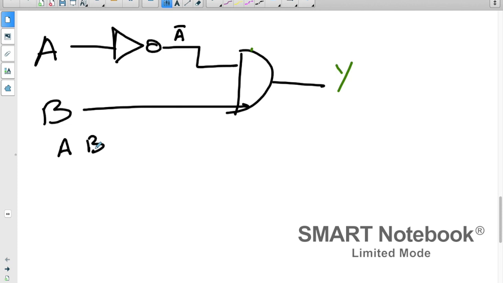Okay, so everyone got A and B? That's there for a reason, but I will delete that and I'll explain that after. Alright, so we have 0, 0, 0, 1, 1, 0, 1, 1.